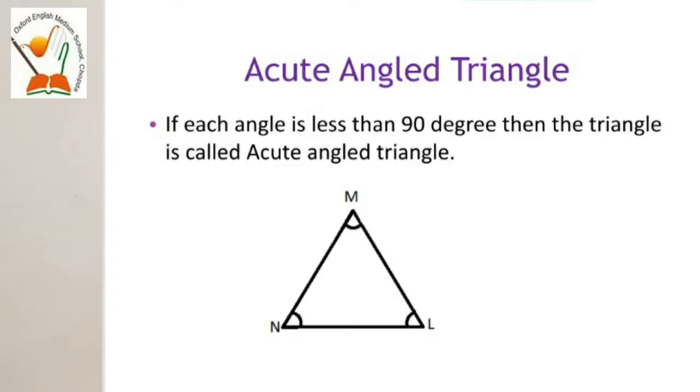See in the figure of triangle LMN, all the 3 angles have a measure less than 90 degrees. That means all the 3 angles of this triangle are acute angles. So this triangle is called an acute angle triangle.